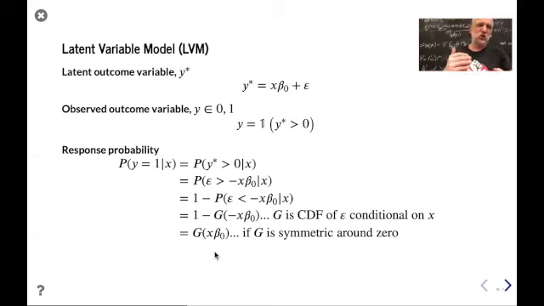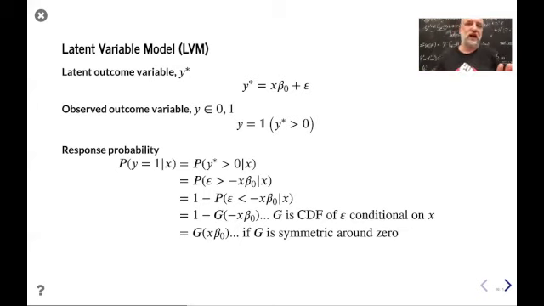But maybe the distribution G, or the CDF of epsilon, well, that has parameters too, right? Distributions are usually indexed by parameters; for a normal distribution, you would have a mean and variance. Oftentimes we just assume that the mean of the error term is equal to 0. Otherwise, you can't really get identification.